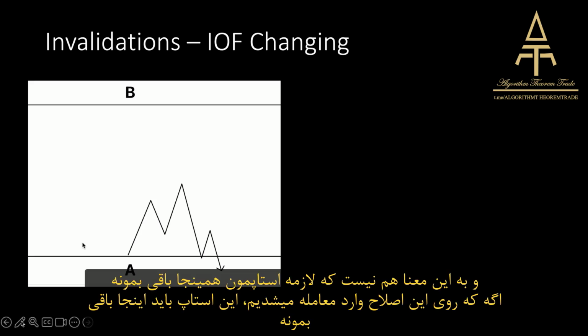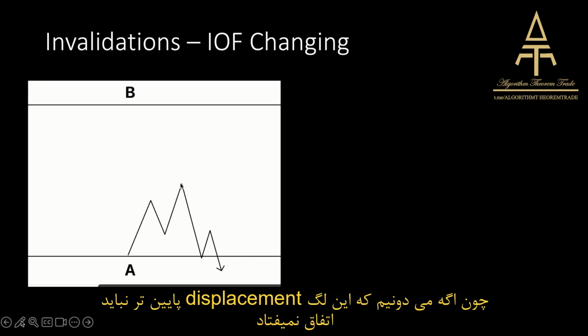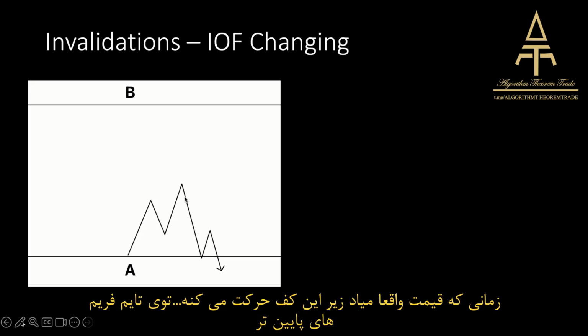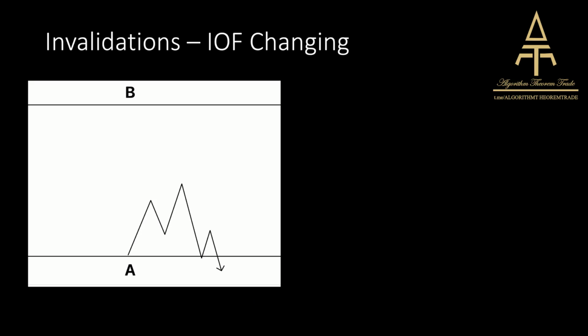And that doesn't mean that our stop would have to remain here if we entered inside of this retracement leg. No, why not? Because if we know that this displacement leg lower should not have occurred, the moment that price really displaces below this low on the lower time frames, means that we can already get out and save equity.